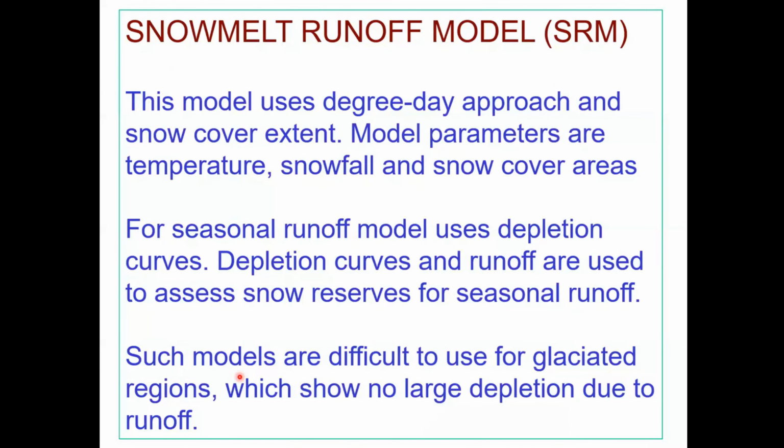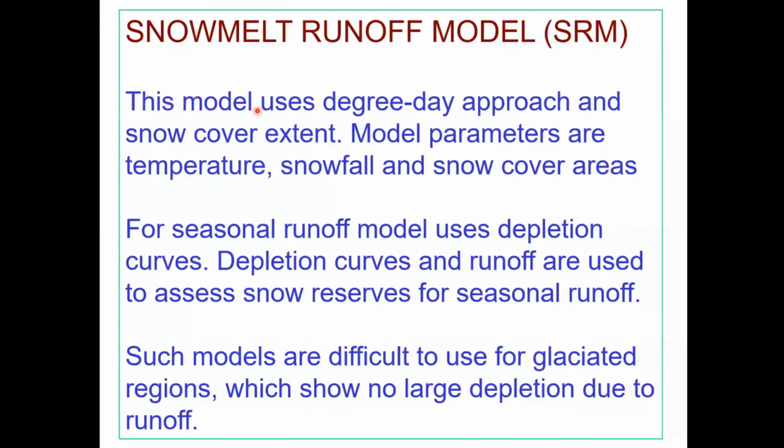Now, there's another model which people historically have used, and you should be aware of this, which is the Snowmelt Runoff Model, called SRM. This model uses the degree day approach, and it was very commonly used in the 90s and a couple of decades after that.